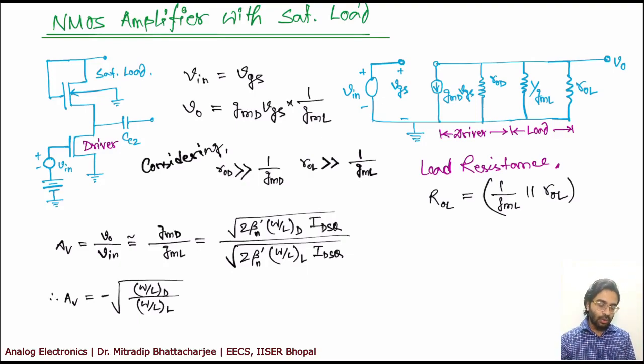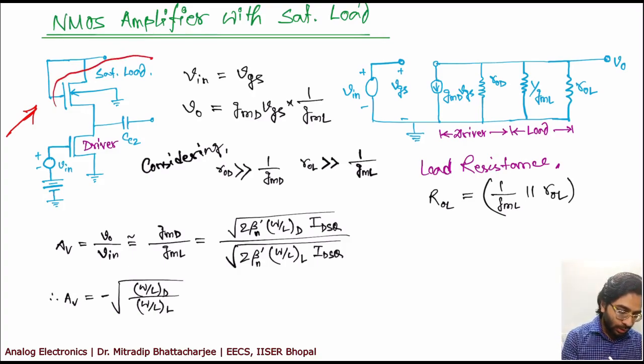Now I have also discussed one thing called saturated load. This is a typical circuit for a saturated load NMOS amplifier. Now this load is basically a replacement of a resistor, right?